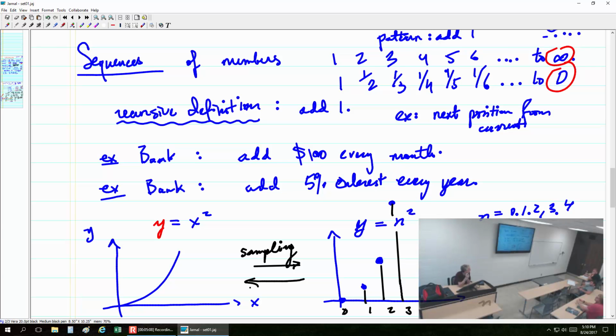Then we sampled it, and we ended up with a bunch of points, entirely disconnected. That's a sample. Behind those data points, as well as the chart, is a formula. The formula, say y equals x squared, is applicable to any x. Any x you plug in, that's why you have infinitely many points.